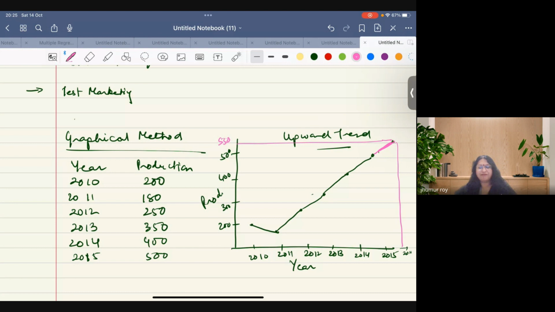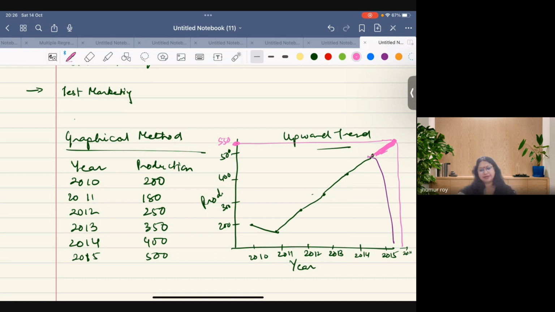So normally from here, very rarely you'll find that it will drop down like this. It doesn't happen. So unless something, for example, COVID has happened, so naturally demand has dropped like this. But otherwise, if there's an upward trend which is showing, you will see that the upward trend will continue. So according to this, my prediction now is that I should produce 550 units of that particular commodity.